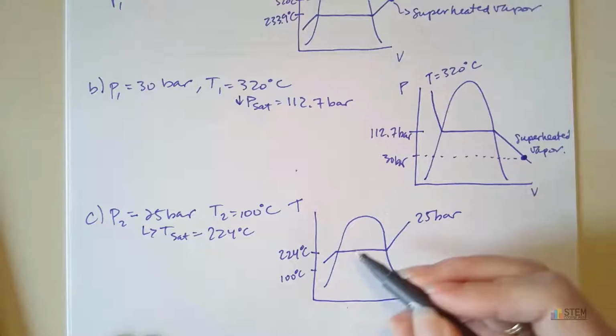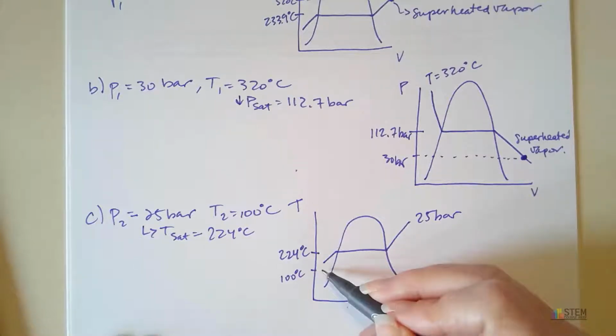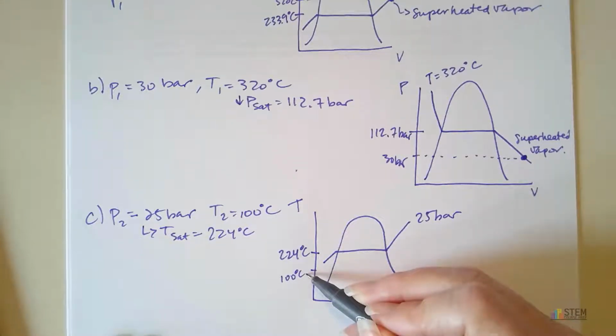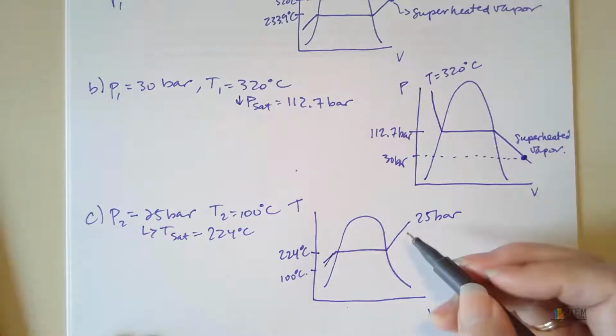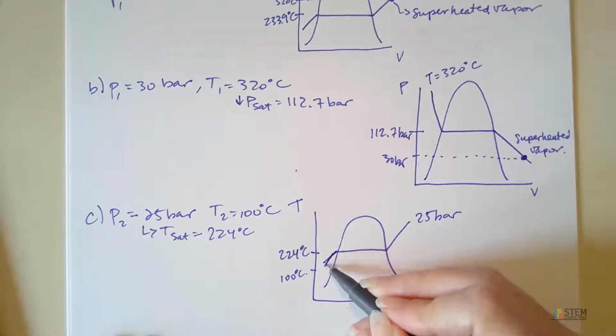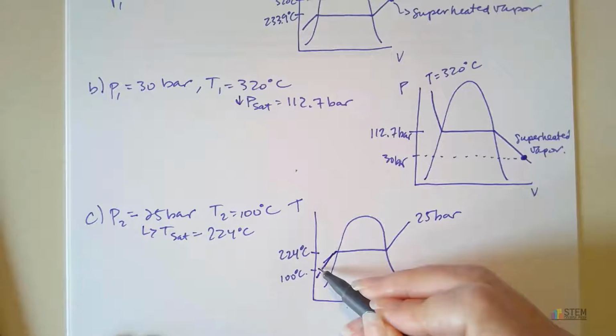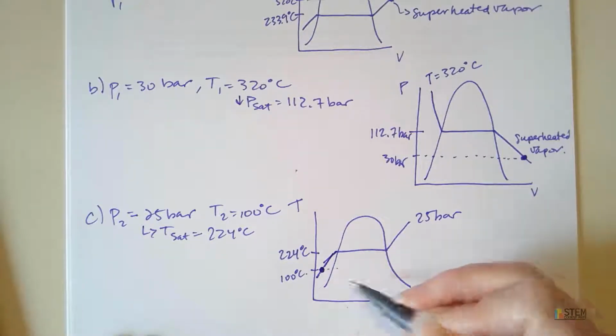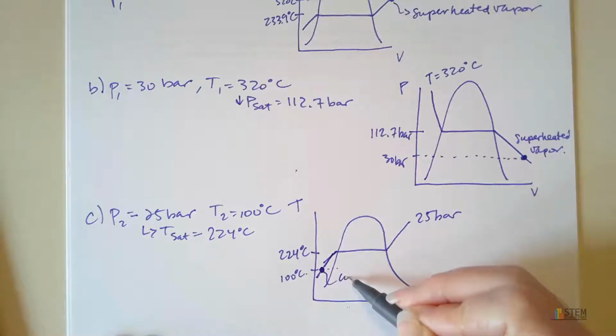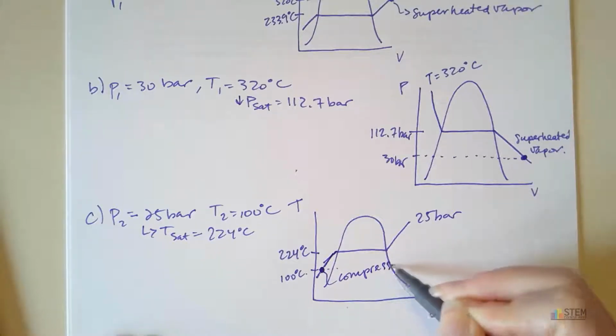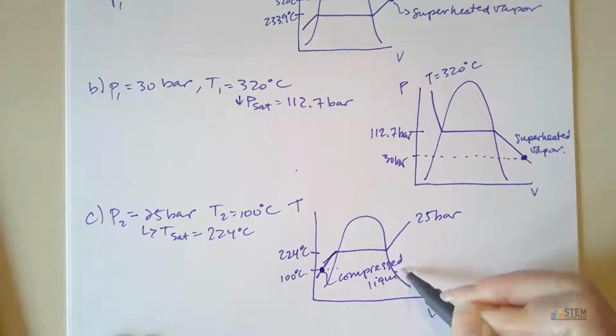We want the intersection of the temperature we're at, 100, and this pressure line. If we extend our pressure line down, all you need to do is find where they intersect. So it's right here. This would be compressed liquid because it is to the left of that vapor dome.